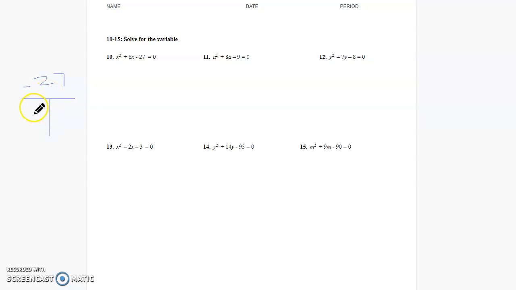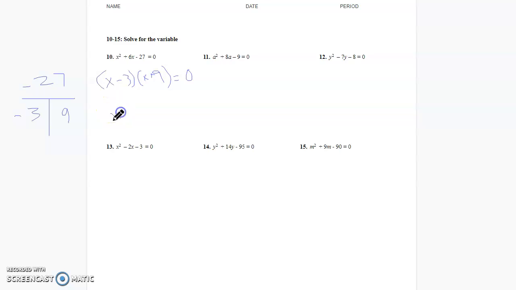Well, it's 1 and 27, and there's 3 and 9. Now, if we want to make positive 6, which one of these has to be negative? The smaller one. So this is x minus 3 times x plus 9 equals 0.